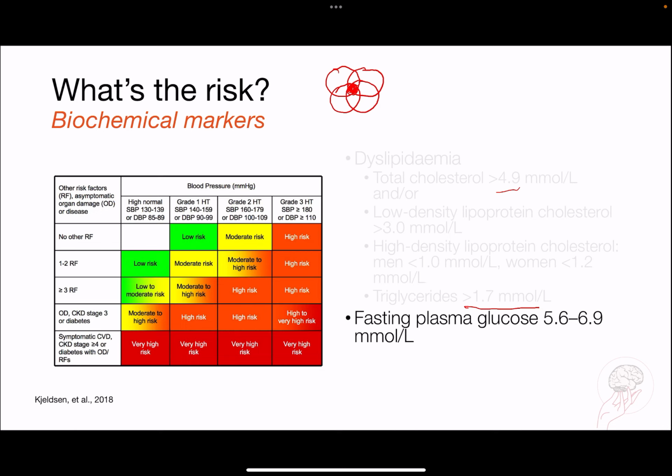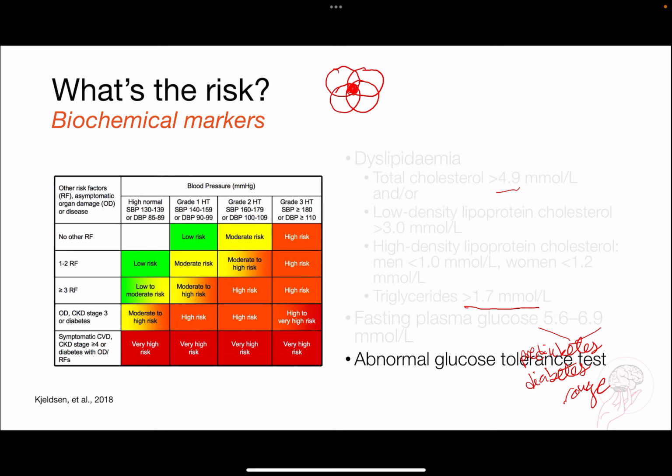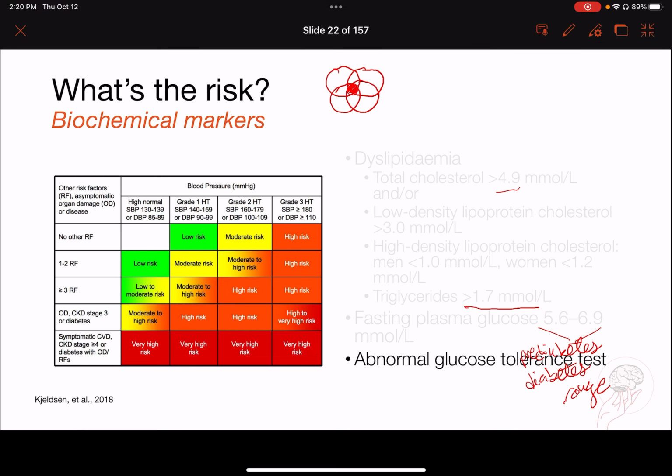We also will be concerned if plasma glucose is between 5.6 and 6.9. This is our prediabetes to diabetes range. And then, of course, an abnormal glucose tolerance test. So having a plasma glucose, this is plasma glucose.